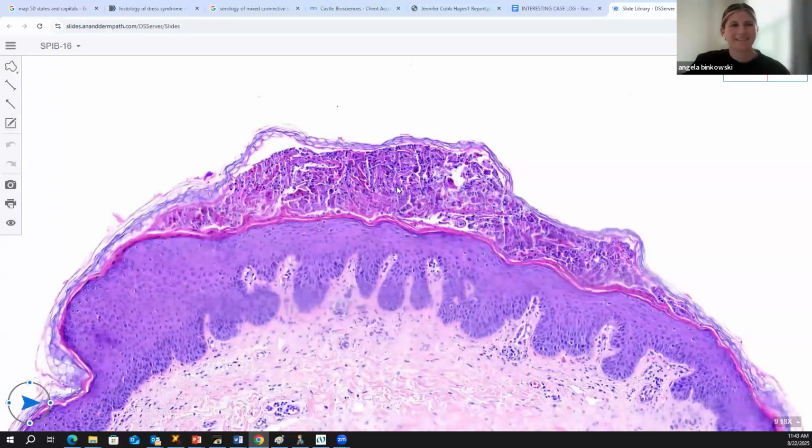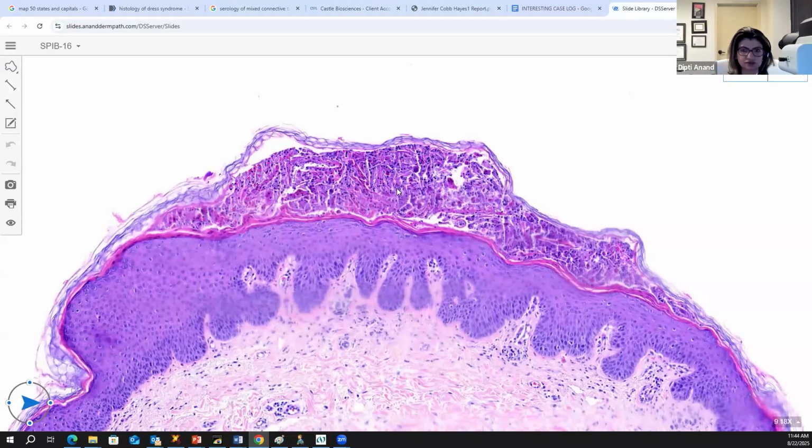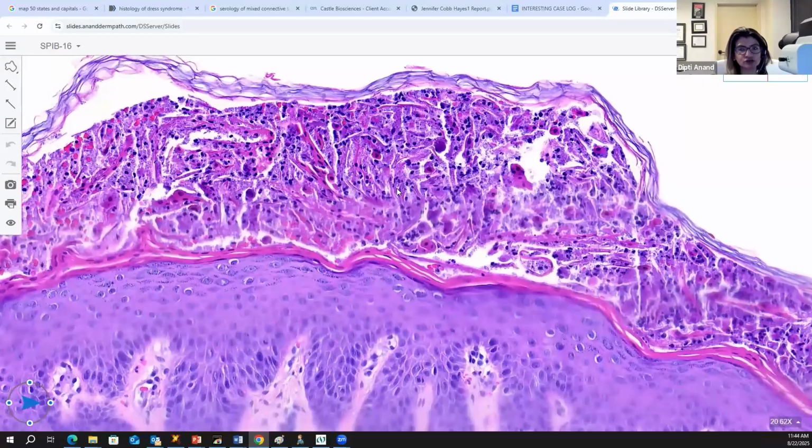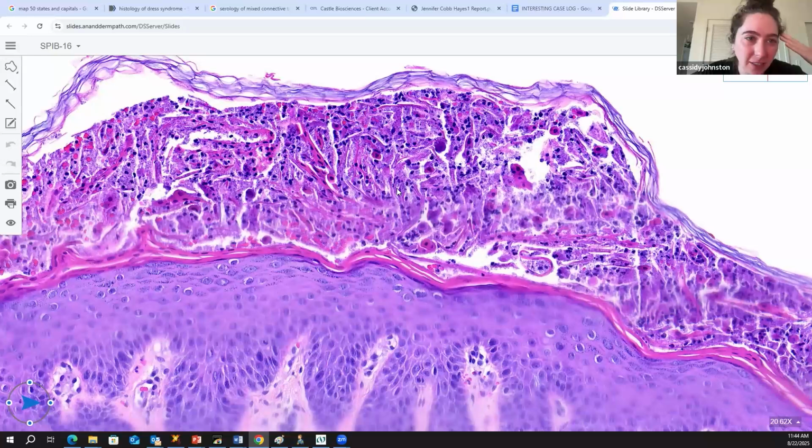So to everybody else, can you describe to me what is there in the subcorneal blister? And let's be honest, how many of you think there is bacteria in here? If you don't think it's bacteria, it's fine. How many of you think there is bacteria in here? I feel like it has the fuzzy look of bacteria.